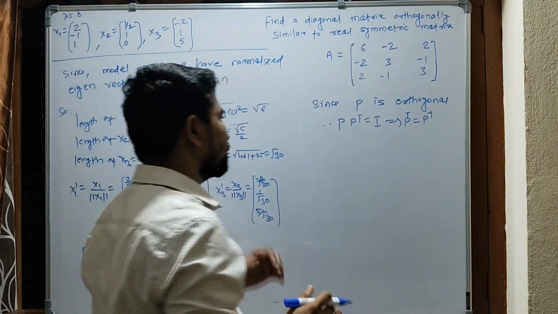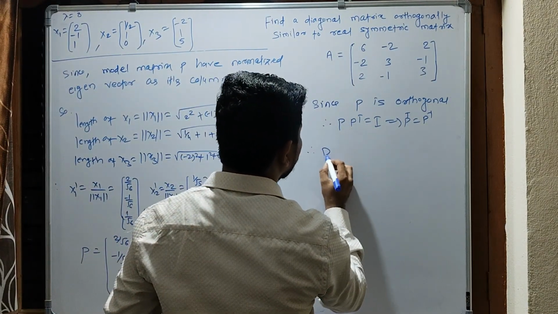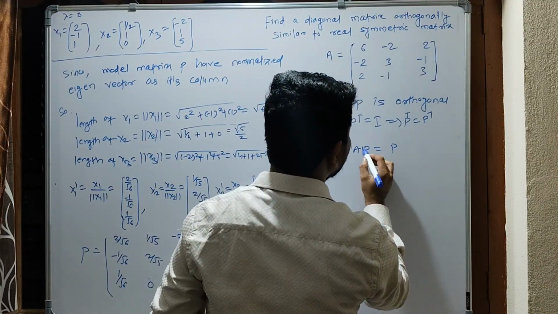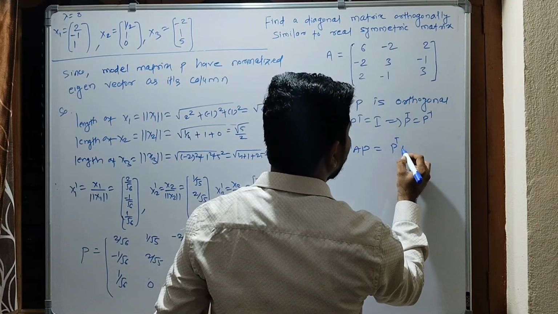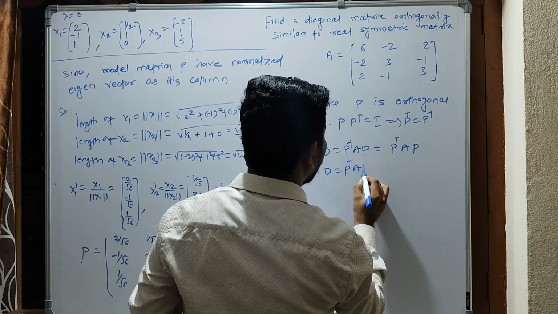Therefore, with the model matrix, the diagonal matrix D equals P inverse AP, which is the same as P transpose AP, since P inverse is the same as P transpose.